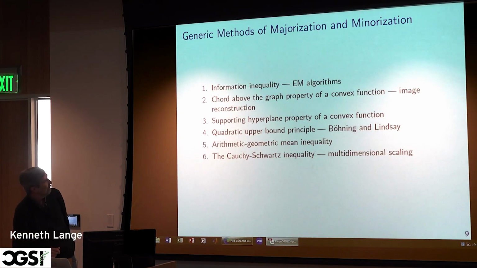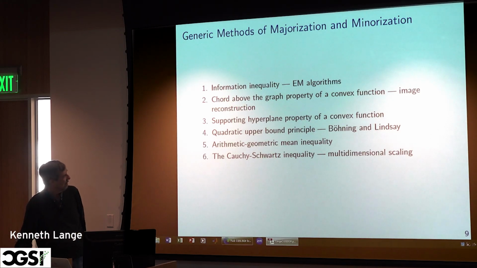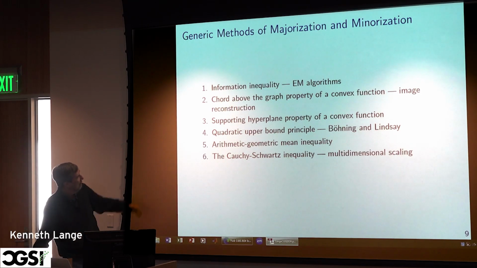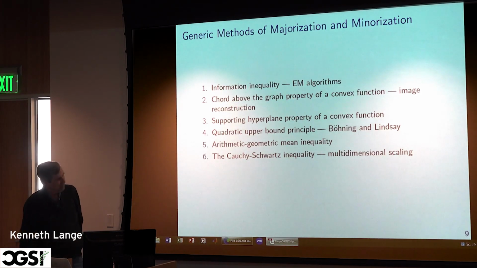For convex functions, convex objectives, you have the chord above the graph property. That's used often in image reconstruction. You have also the supporting hyperplane property. I'll illustrate these in a moment. This quadratic upper bound principle I will illustrate in a very simple example.